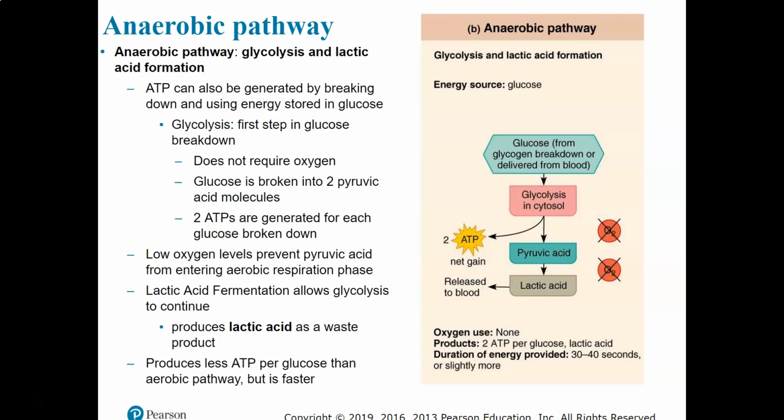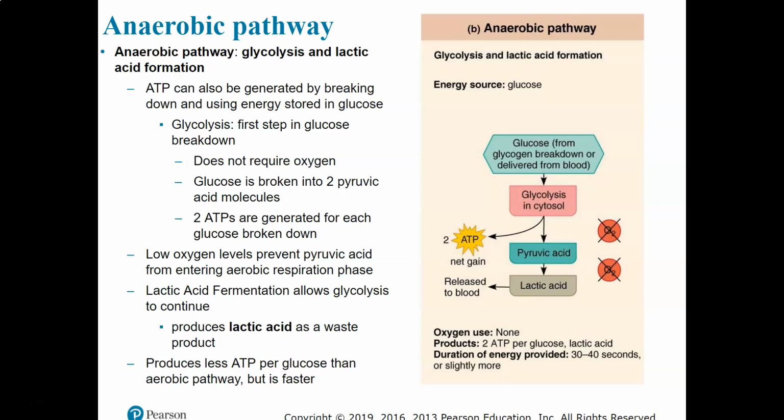It only makes 2. Because there's no oxygen, this pyruvic acid can't be used in the rest of cellular respiration. Instead, it's going to be converted into lactic acid in order to allow glycolysis to continue. This only makes 2 ATP, but it makes this ATP very quickly and without requiring oxygen.